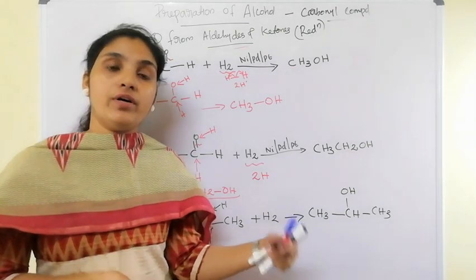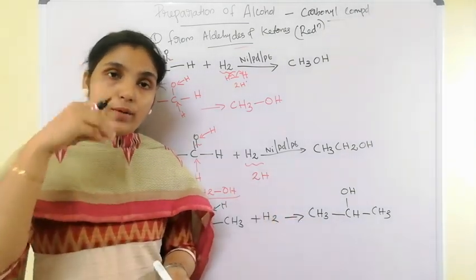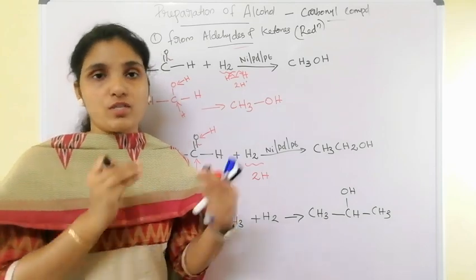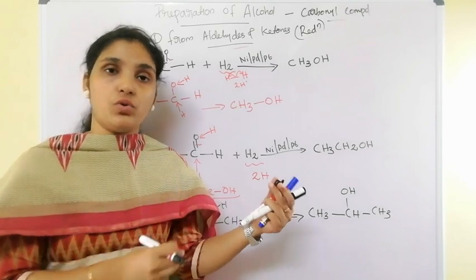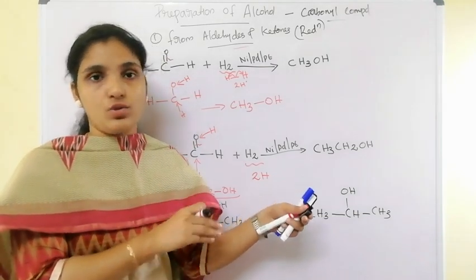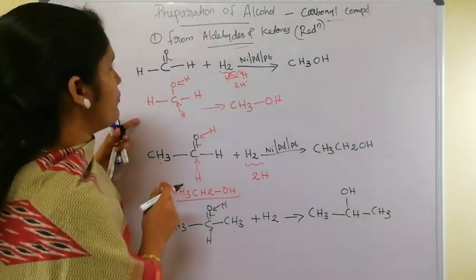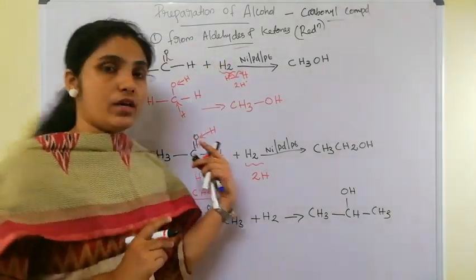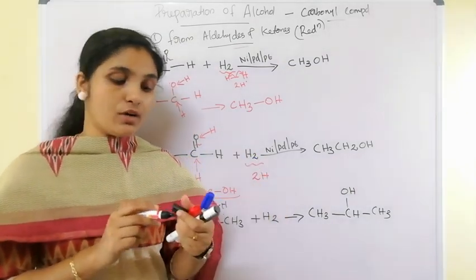Okay. So remember, in aldehydes or ketones, on reduction, the C=O double bond is broken down and a hydrogen atom is attached to the carbon as well as to the oxygen. From aldehydes and ketones we can prepare primary alcohol as well as secondary alcohol.